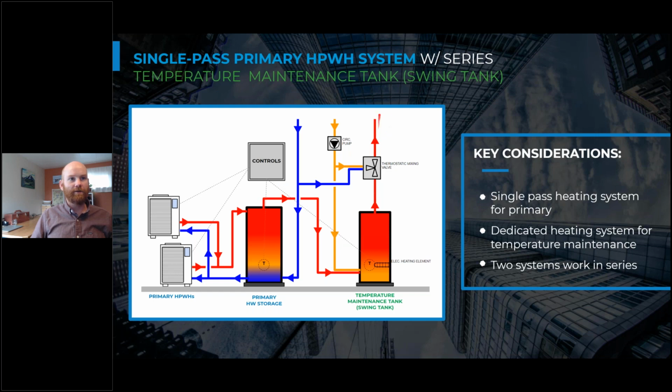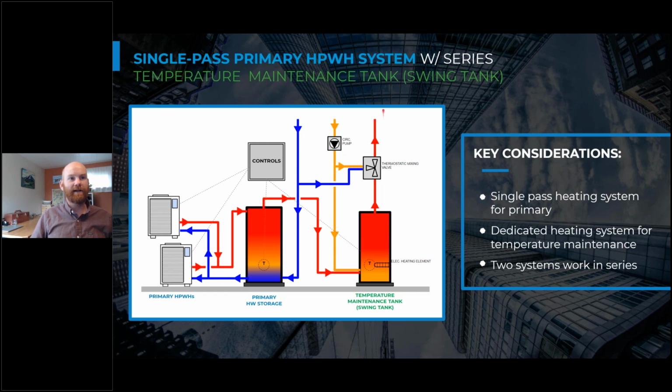Then when there's a load or demand for hot water in the building, hot water comes out of that primary storage tank, and you'll notice that it goes to the bottom of our temperature maintenance swing tank. That effectively takes this overheated water, 140 to 150 degrees, and mixes it with this water, which is returning at a lower temperature because we're circulating, so typically 110 to 115.